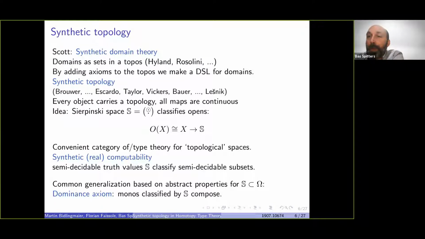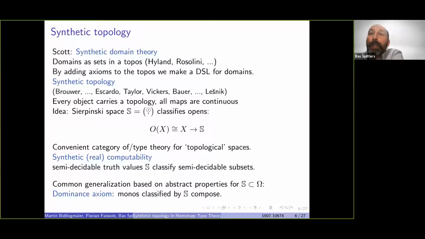This is also something that we've seen many times in category theory. We go from a category of nice objects to a nice category of objects which may not be so nice. So this is about a convenient category or a type theory for topological spaces.